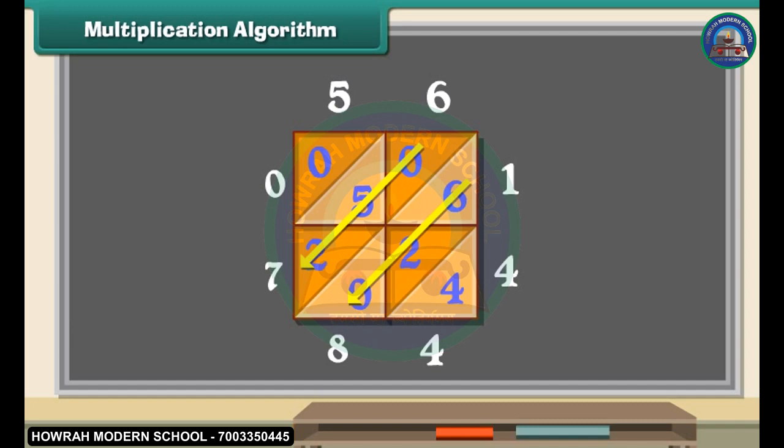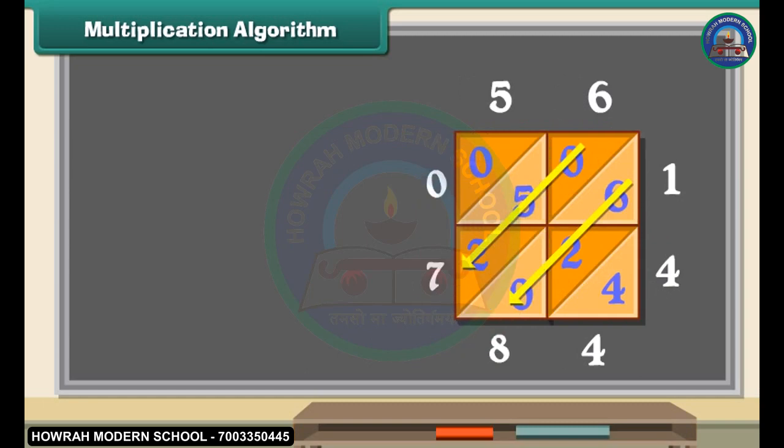Read the result from left to right as 0784, that is 784. Therefore, we can say that 14 into 56 is equal to 784.